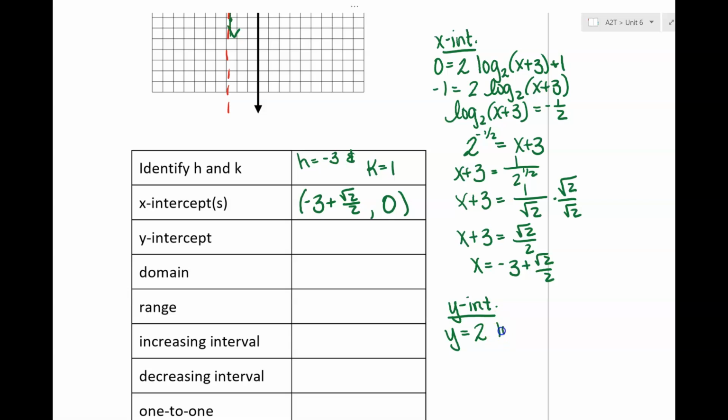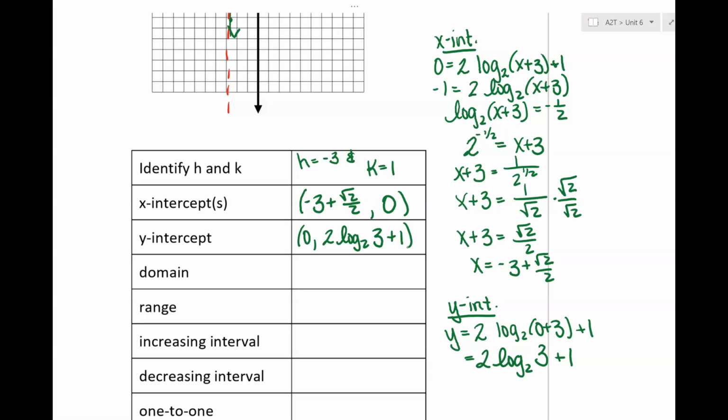So y equals 2 log base 2 of 0 plus 3, plus 1. Well, in this case, without a calculator, I don't actually know what the log base 2 of 3 is. I don't know 2 to what power is 3 off the top of my head. And I don't need to approximate because that's not what it was asking me for. It just asked me to find it. So I'm going to write this as a coordinate to show I know how to find it, but I'm not a human calculator.